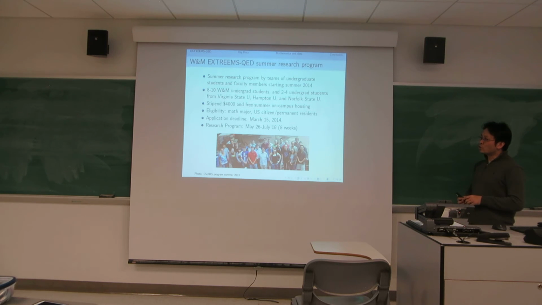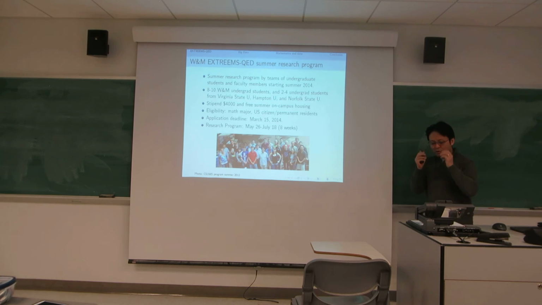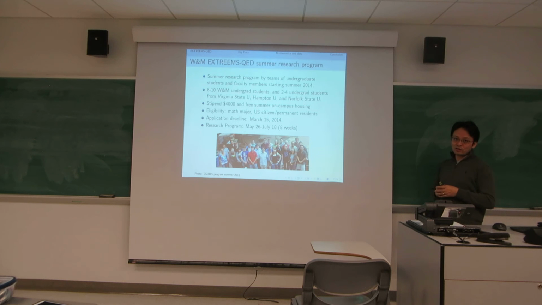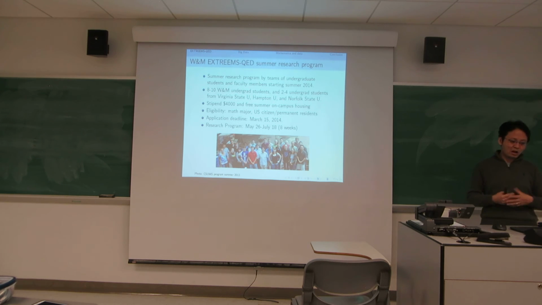If you're not a math major, we can probably find some other ways, but of course we hope you are a math major. Since this is federal money, only U.S. citizens and permanent residents can apply. But if you're an international student, I hope you can still talk to me if you're interested in the project, because we possibly have other financial sources to give you other kinds of support.